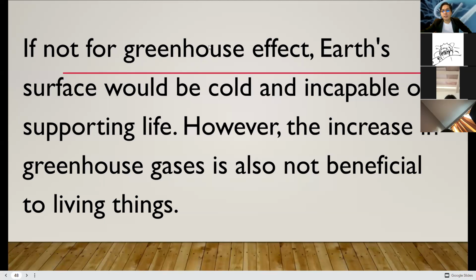If not for the greenhouse effect, Earth's surface would be cold and incapable of supporting life. However, the increase in greenhouse gases is also not beneficial to living things. Take note, the more heat generated or trapped within Earth's surface, the greater the chances that a lot of organisms might die because of heat.